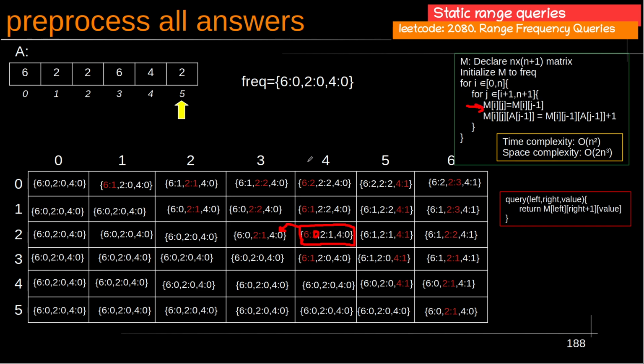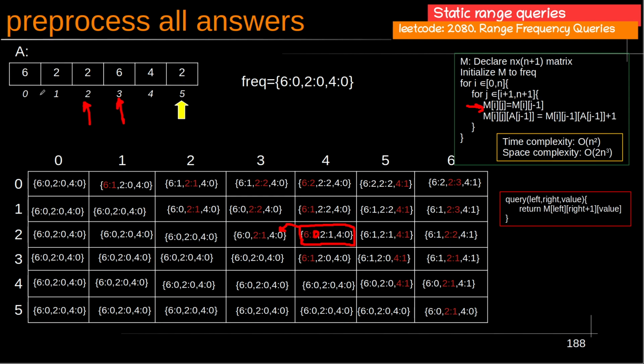Then from 2, here we are from 2 to 3. From 2 to 3, because we have 4 here.